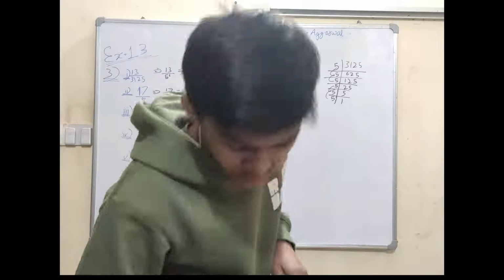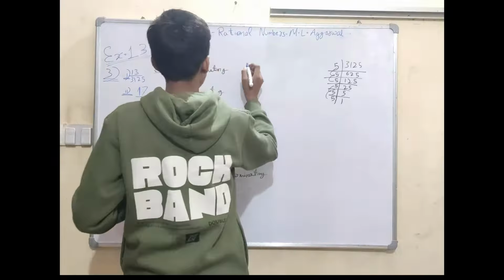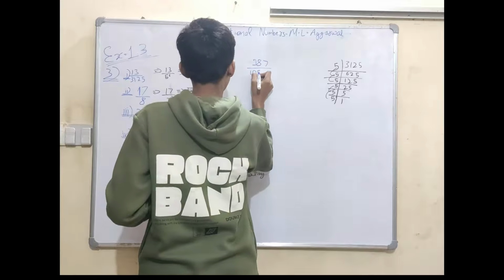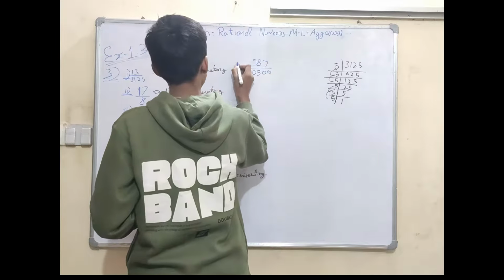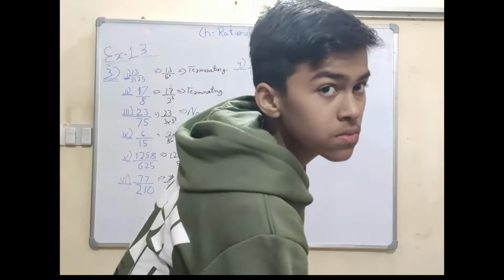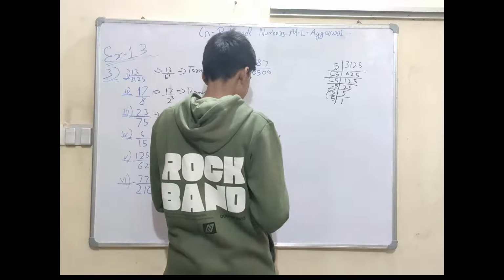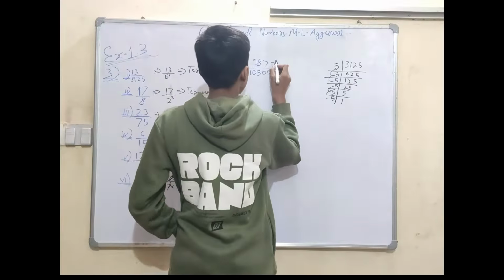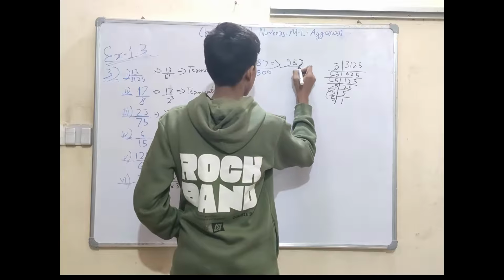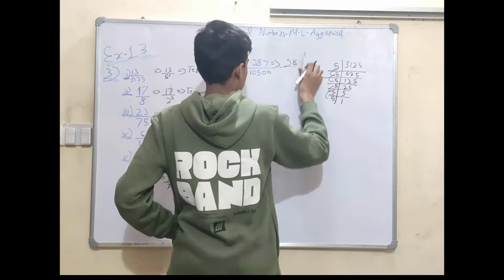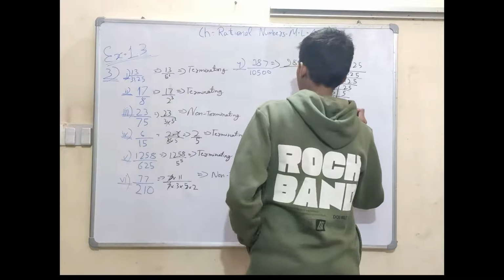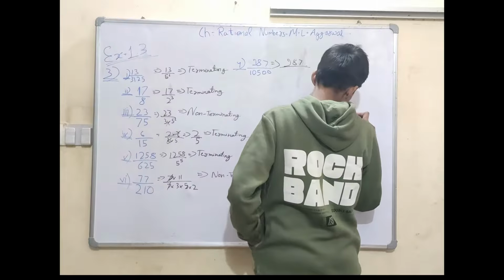It is 987 upon 10500. It's the fourth question.